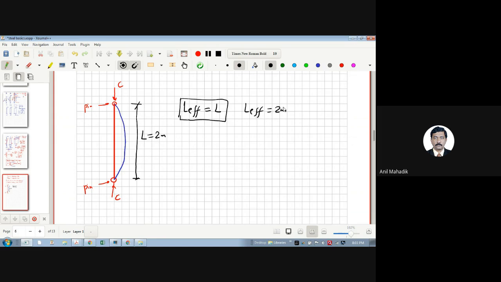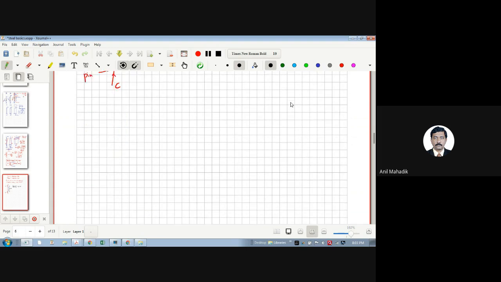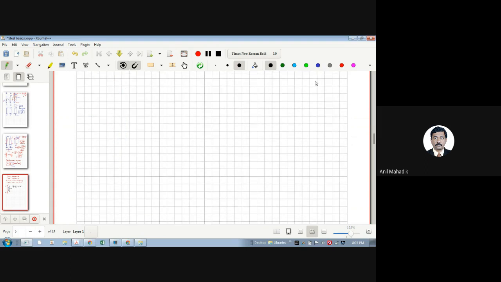Now take a different example. Let's say both ends are fixed. Now as these are fixed, we are applying a force, let's say a compressive force.